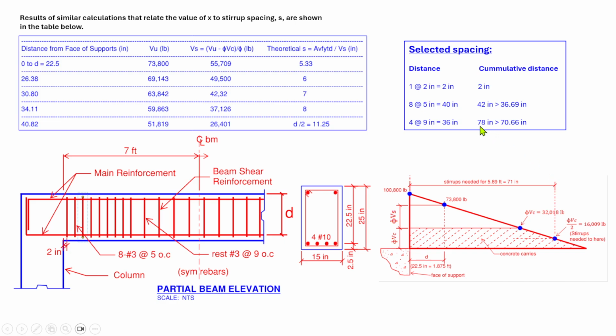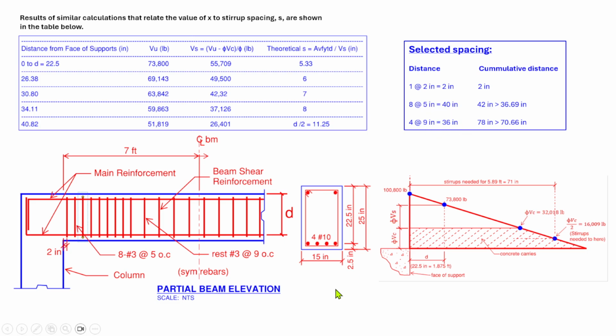So if we use those 4 at 9 on center, we come up with 78 inches, a little bit somewhere here. So we are a little bit conservative. In this example we have only a 14-foot beam, so we have just 2 types of spacing, which is 5 inches on center and 9 inches on center.